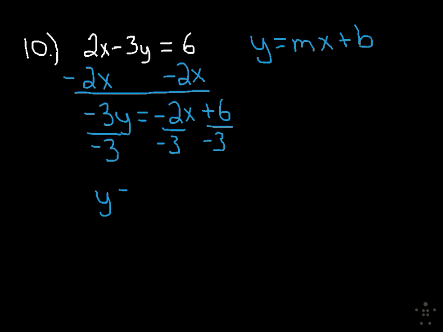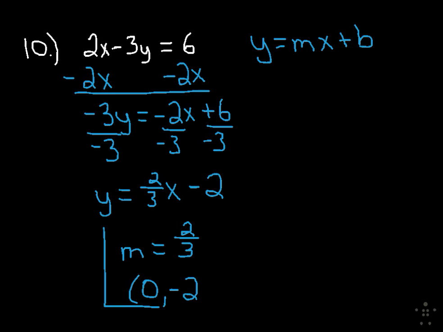This gives me y is equal to, and negative divided by negative is a positive, so it's 2/3 x, and 6 divided by negative 3 is negative 2. So there it's in slope-intercept form, so my slope is the number in front of x, 2/3. My y-intercept is that number out there, so it's (0, -2). So here is my slope and my y-intercept for question number 10.